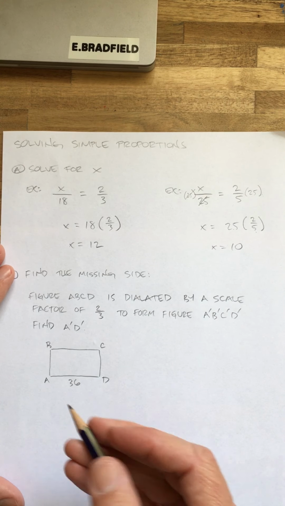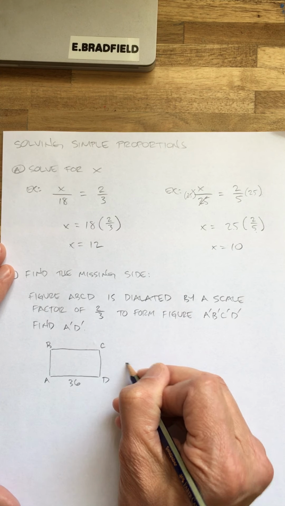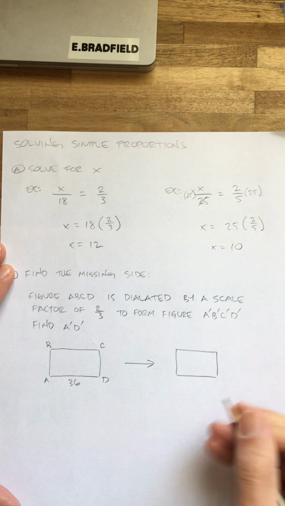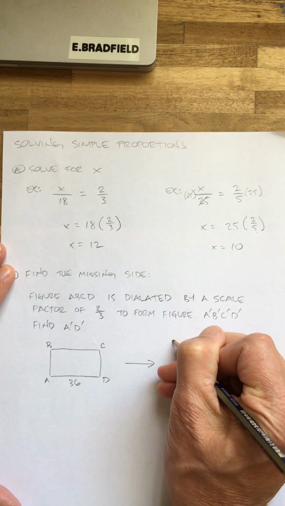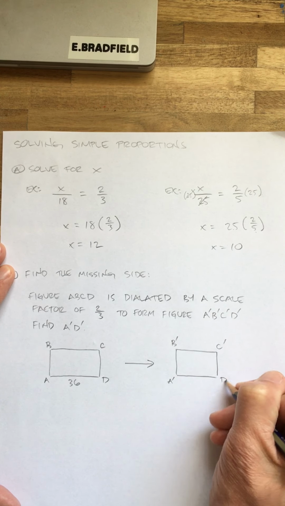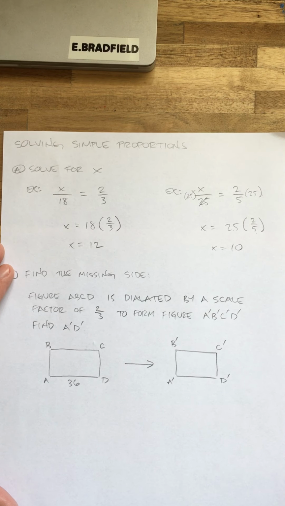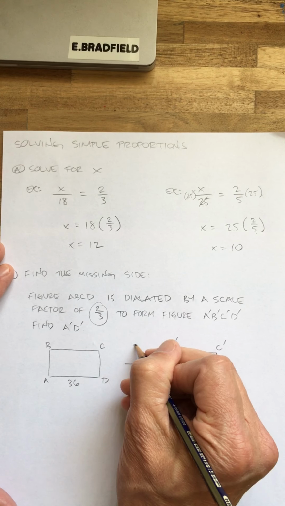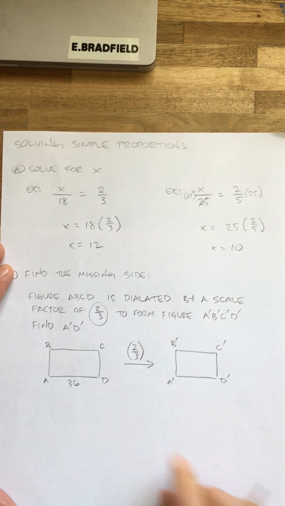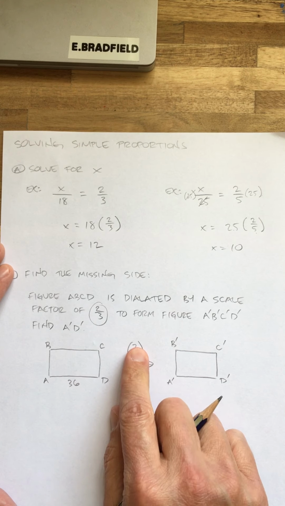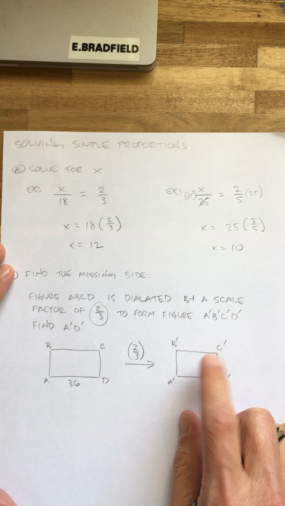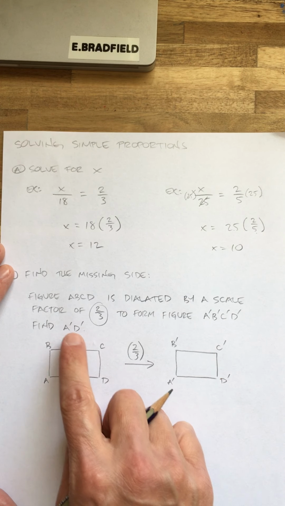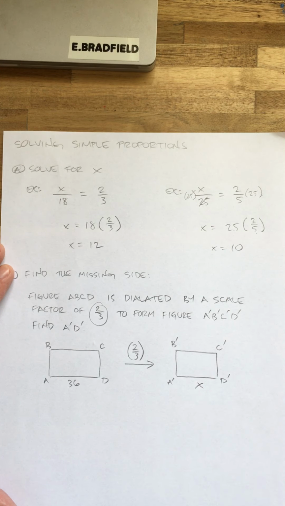All right, and it's going to be turning into this shape right here. It's going to be a dilation, okay? But now it's called A prime, B prime, C prime, D prime, okay? And the dilation is a scale factor of 2/3. So I'm just going to put this 2/3 here, okay? I'm multiplying this rectangle by a scale factor of 2/3, and I'm getting this figure right here, okay? And this figure, they want me to find A prime D prime. That's this guy right here, okay?